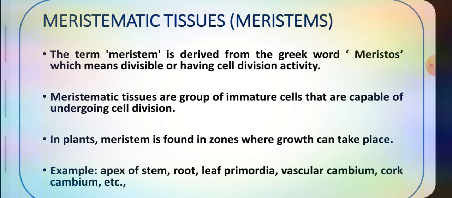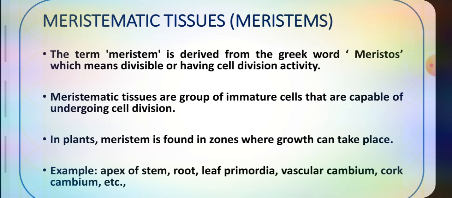And the leaf primordia. What is leaf primordia? The first tiny bud-like structures found on the terminal part of the stem as well as from the axillary part of the stem. Then vascular cambium. What are these cambium? They are also meristematic cells capable of dividing.